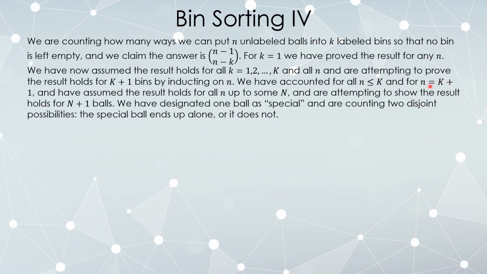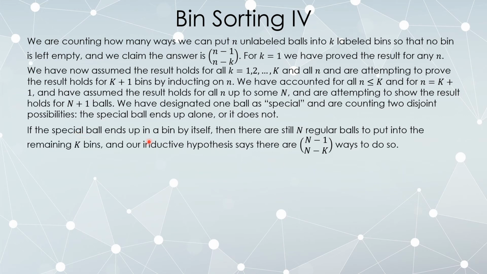So if the number of balls is up to or equal to the number of bins, then we know what to do. Now we're assuming that the desired formula holds for a number of balls up to capital N, and are trying to show the desired formula holds for capital N plus 1 balls. We designated one of these balls as special and the rest as not. There are two ways to distribute them. Either the special ball is alone or the special ball is not alone.